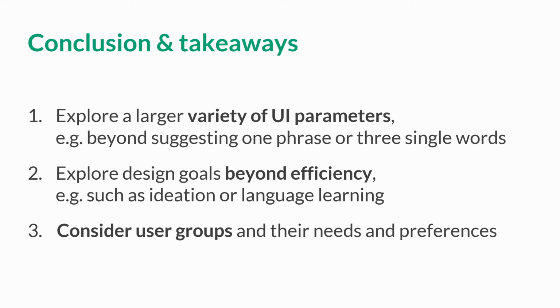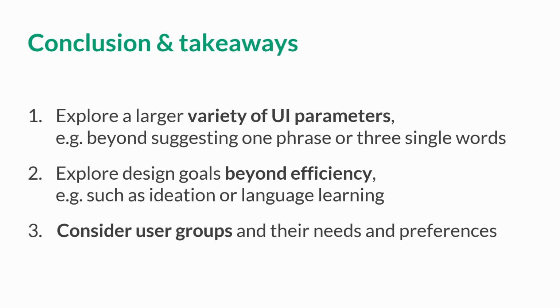As a conclusion and takeaways, our findings particularly motivate these 3 things. So first, we may explore a larger variety of UI parameters than considered previously with regard to the suggestion UIs. So for example, we could try to move beyond suggesting just one phrase or 3 single words, which is the current default in many such systems. Second, we could explore design goals beyond efficiency.